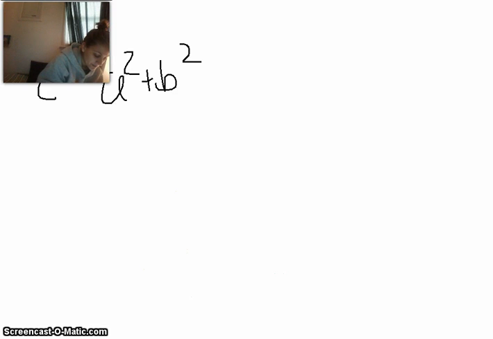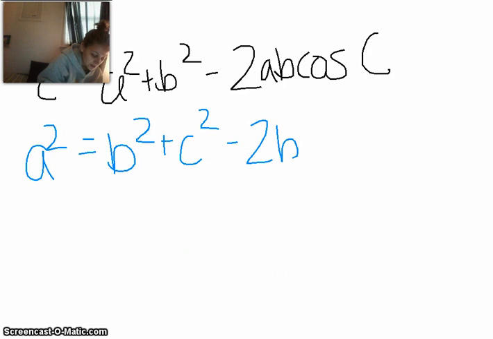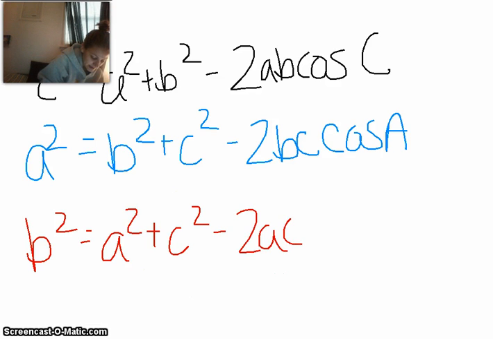What I'm talking about with those formulas is we just did c squared equals a squared plus b squared minus 2ab cosine of angle c. If I was doing this for a squared, that would be b squared plus c squared minus 2bc times the cosine of a. And if I was doing this for b squared, that would be a squared plus c squared minus 2ac times the cosine of b.